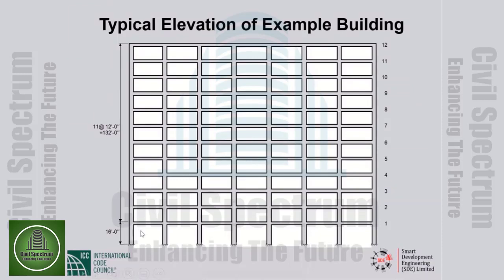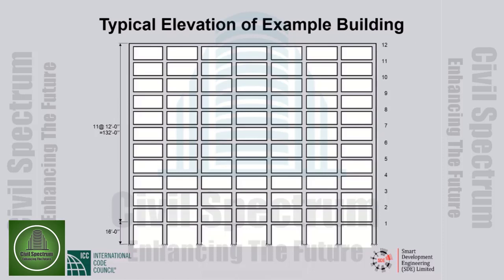And that made it a soft story building going by ASCE 7 definition. The 70% differential: the story stiffness is less than 70% of the story stiffness above, or less than 80% of the average stiffness of the three stories above.